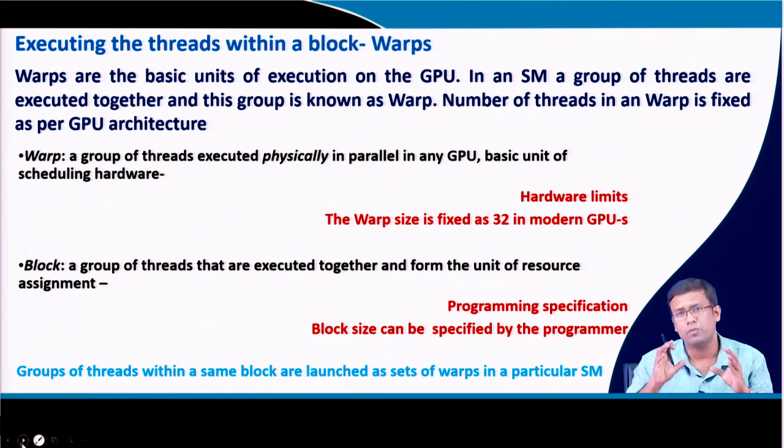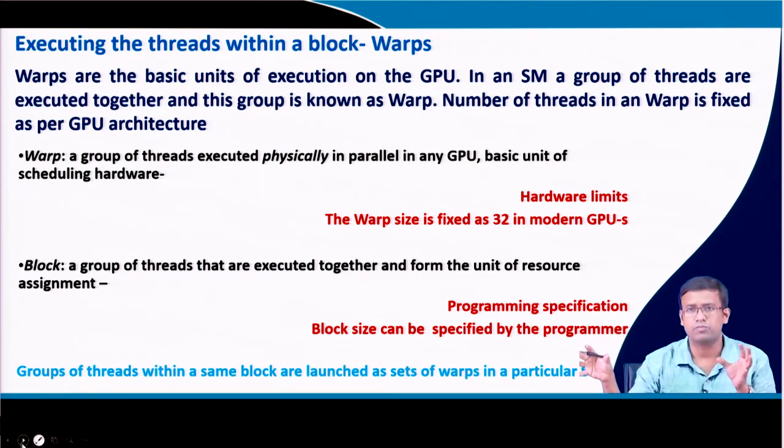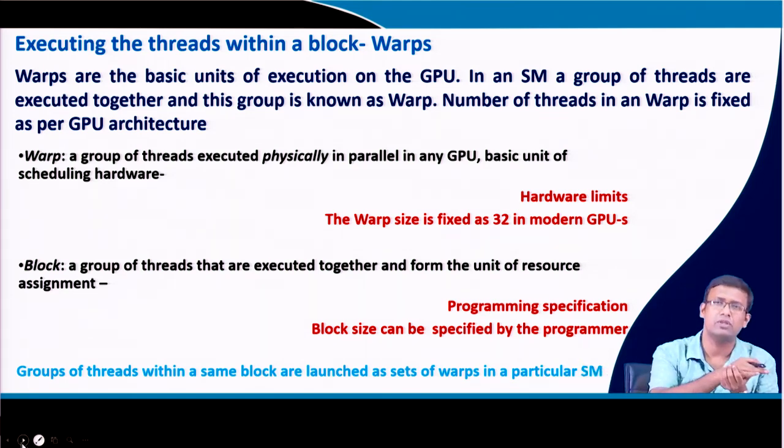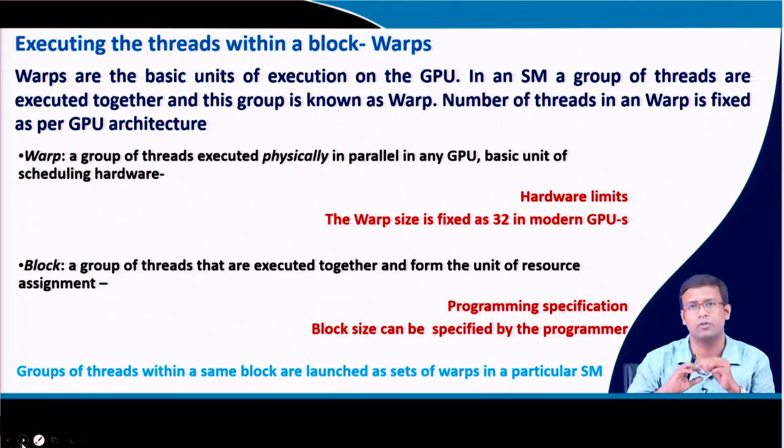A warp consists of threads within the same block. So the first 16 will be activated and then the next 16 will come as the next warp. Threads cannot be picked up from different blocks and mixed into the same warp. A warp is always restricted to a particular block.